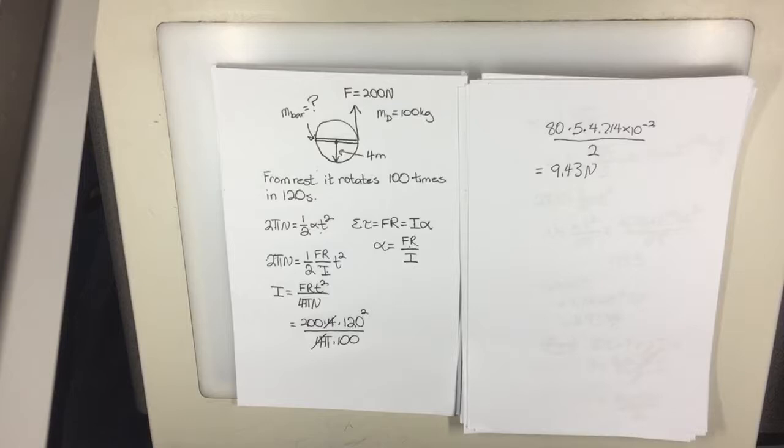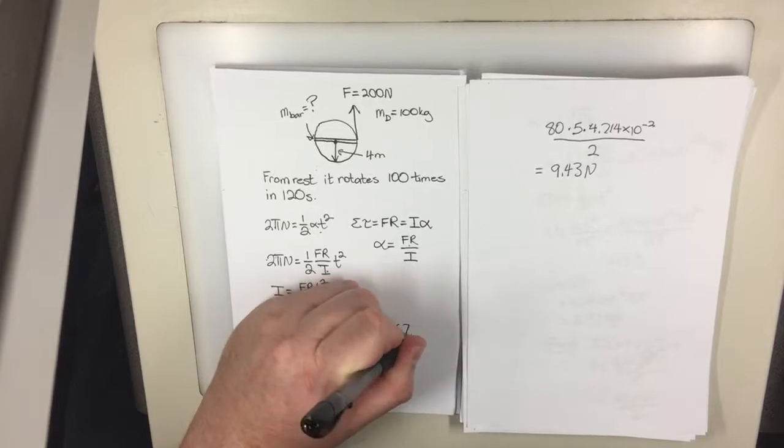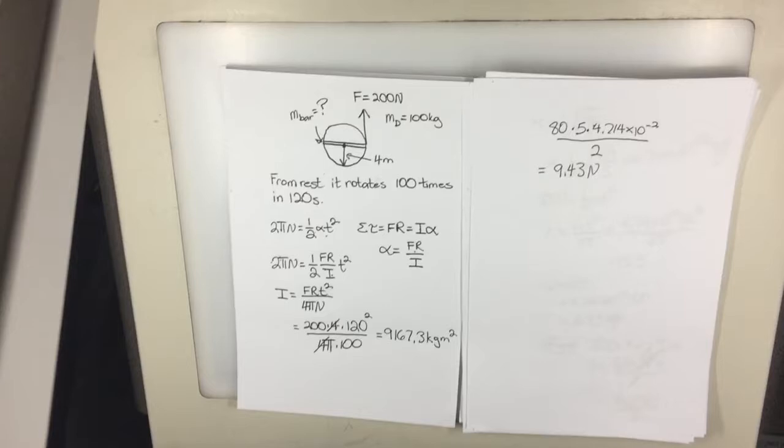That 4 cancels out with that 4. Should have made the time 100 seconds. And I get 9167.3 kilograms meters squared. So if I simply asked for what the moment of inertia of the system was, you would get that number.